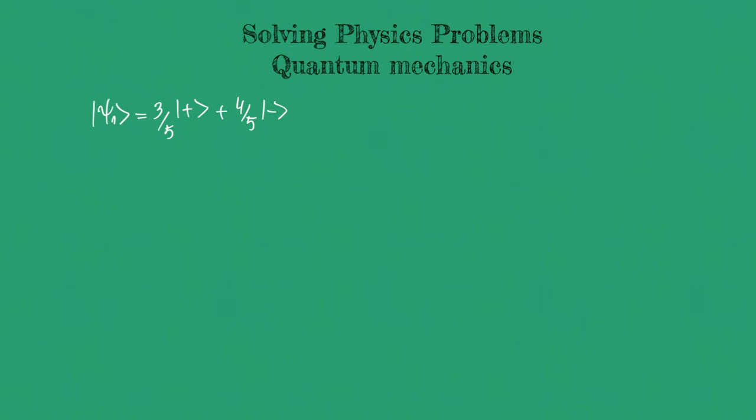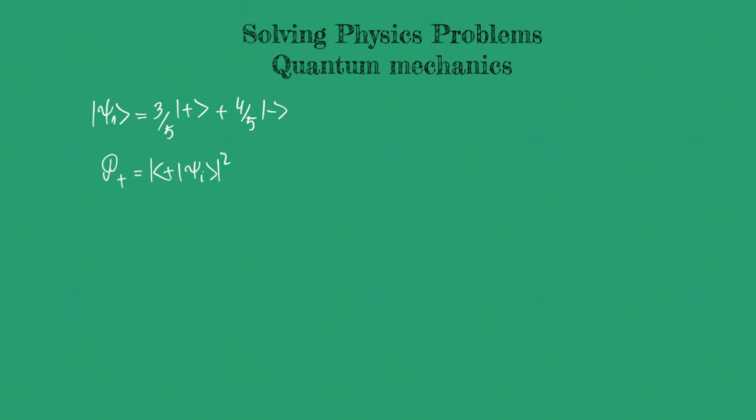The probability of finding spin up is given by this expression, p plus, where this sign plus refers to the spin up: the modulus squared of this inner product. Let's consider here a ket psi subscript I, which is a general quantum state.